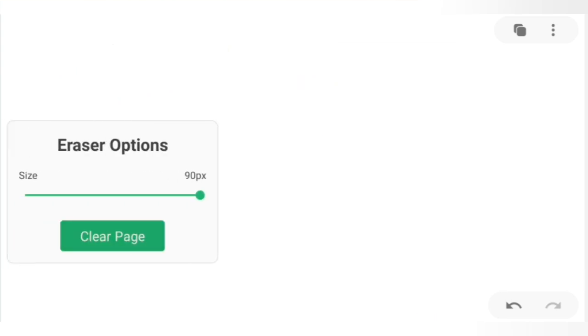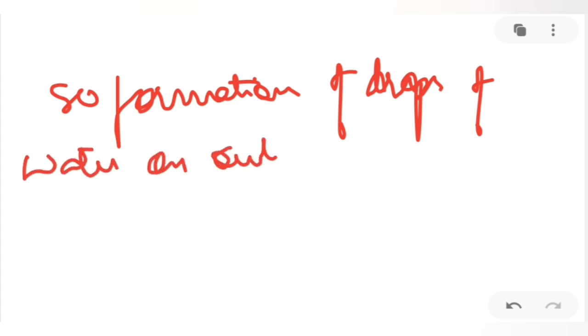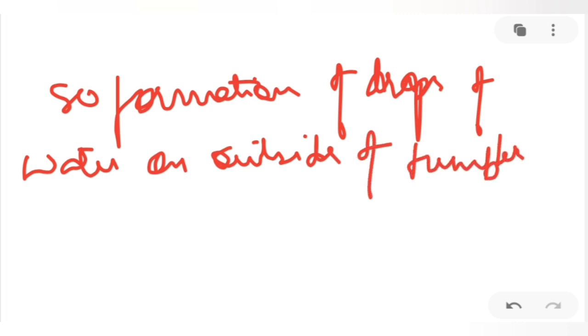So, formation of drops of water on the outer surface of the tumbler containing crushed ice, or you can simply write ice.